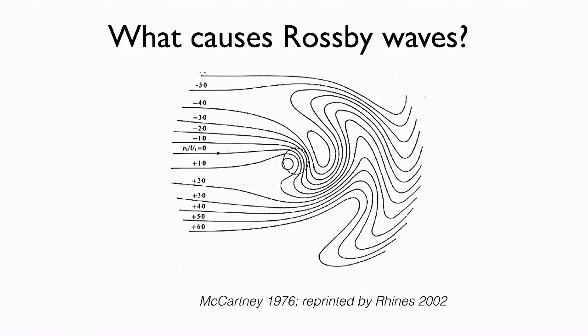So how do you cause one? This is a graph of what you get if you have flow over like a seamount or a mountain. And what the mountain does is it compresses the air and thereby makes the cylinder bulge out. And it takes whatever absolute momentum it has and reduces it, right? Which in the northern hemisphere means it's going to start having an anticyclonic relative vorticity, which means it's going to turn to the equator.